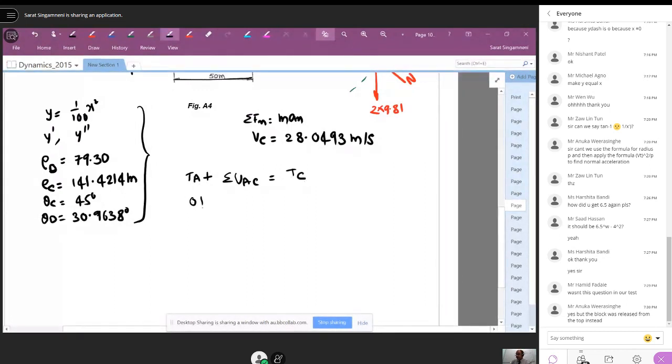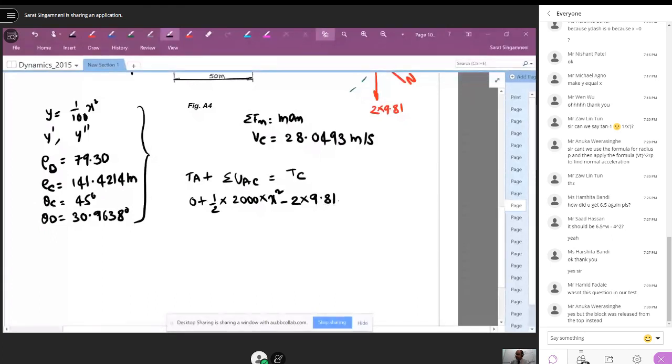So 0 plus half times 2000 times x squared. That is the spring energy. It's work done by the spring. It is pushing the block. It's in the same direction. So it is positive work. And the gravity work is negative because it's going up.